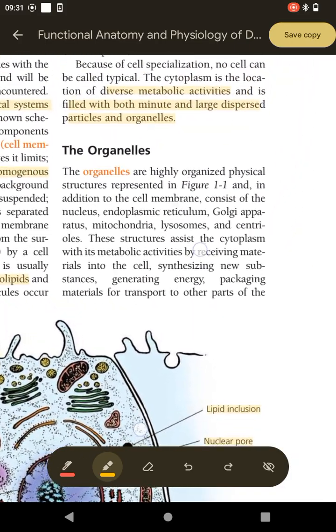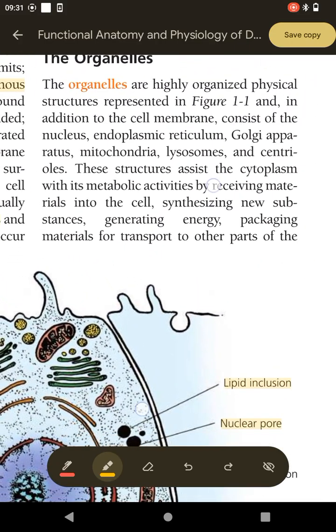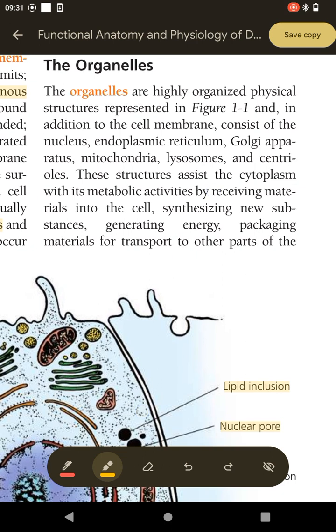Let's start. Firstly, we need to know what organelles are. These are highly organized physical structures present in the cell. In addition to the cell membrane, the cell consists of the nucleus, endoplasmic reticulum, and so on.